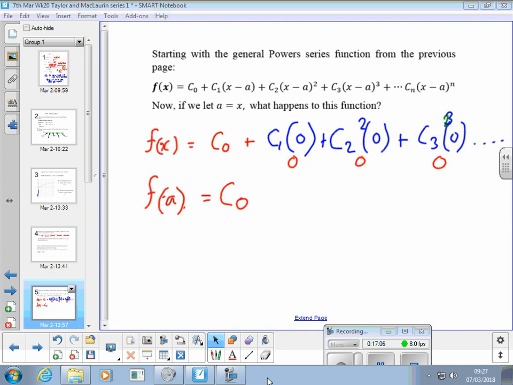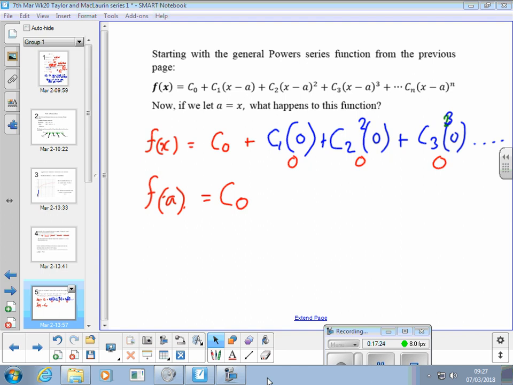You've made a and x the same on that iteration. This is tricky to follow, I'll grant you that, so we'll take it nice and steady.